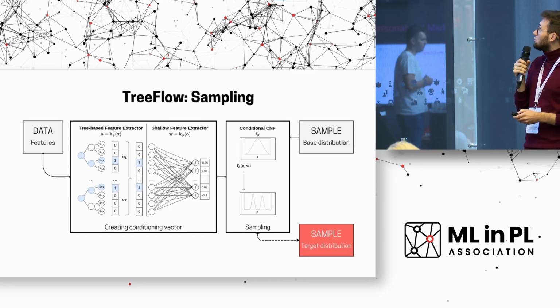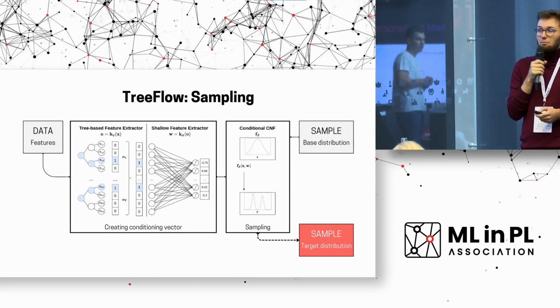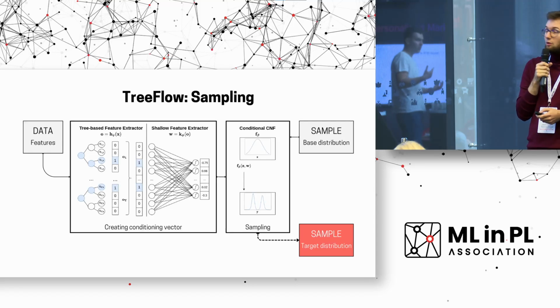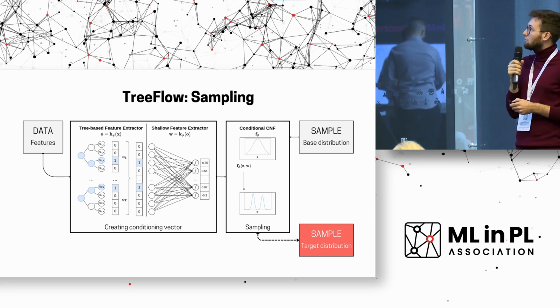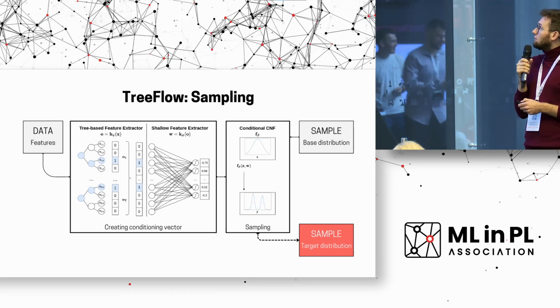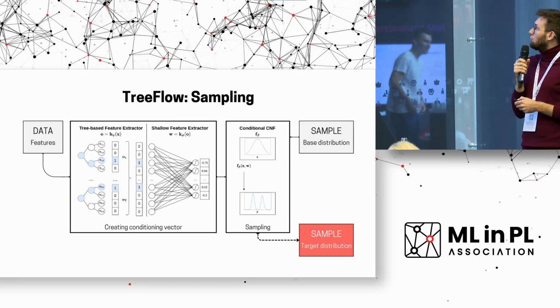When the method is trained, what is important from the perspective of our method is sampling from it. So how will we do that? We've got the data, so we've got the features, and we are creating this conditioning vector. We are putting the features through the tree-based feature extractor and extracting the binary vector. We put that through the MLP network, and we've got this conditioning vector.